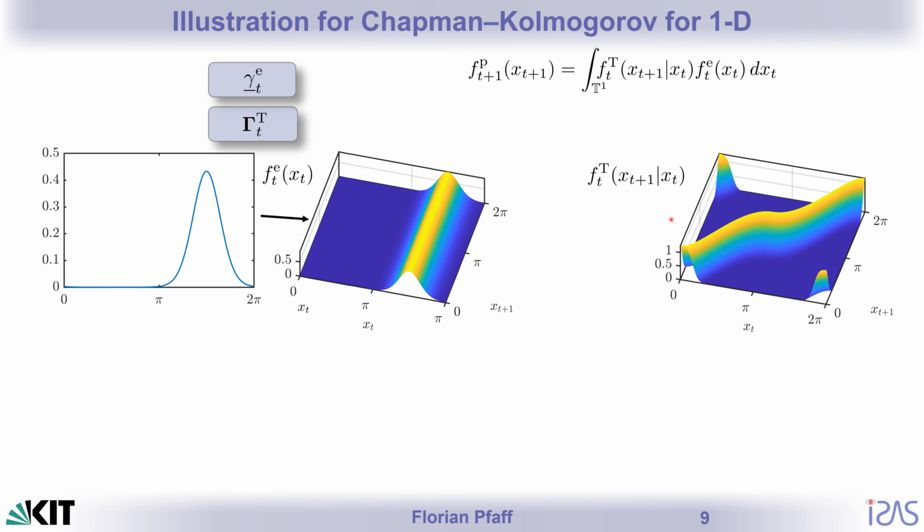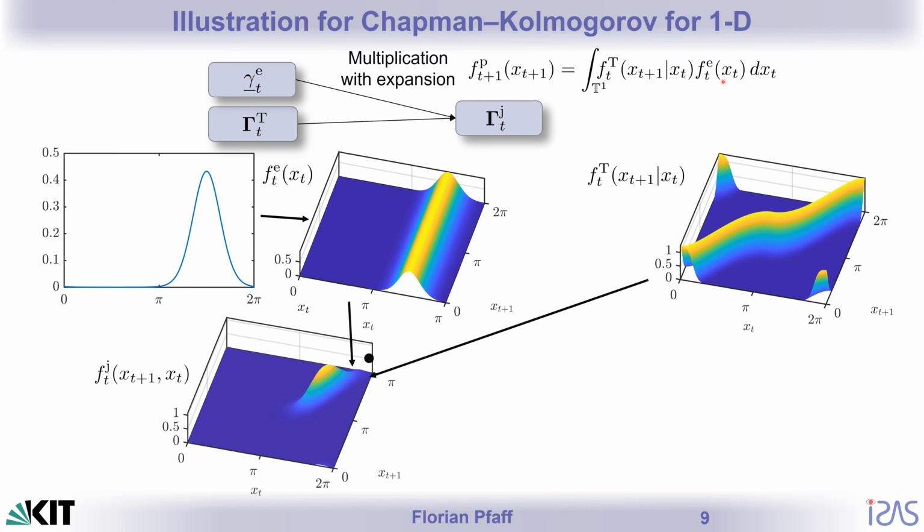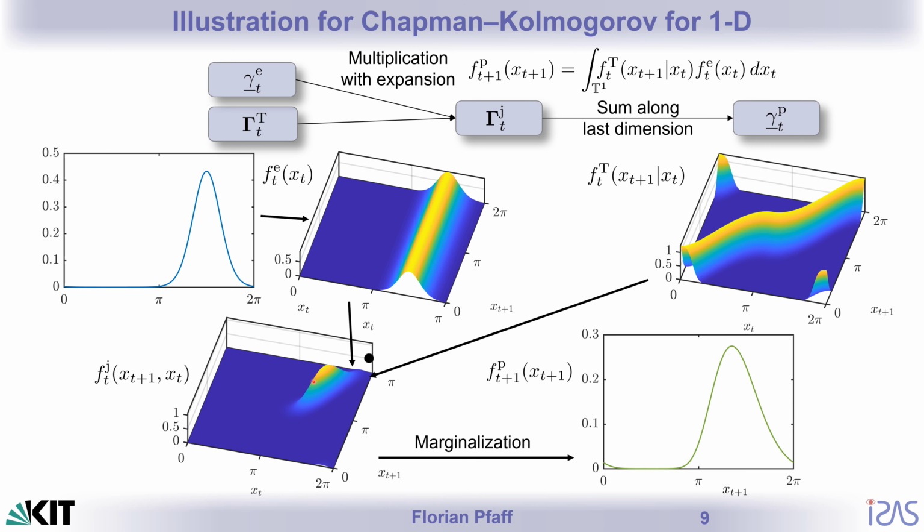And then we've got the transition density that is dependent on both the current and the next time step. Then what this is here is just like a joint density that we obtain if we multiply these two functions. All we have to then do is perform this last step, the marginalization, to obtain the predicted density for the next time step.